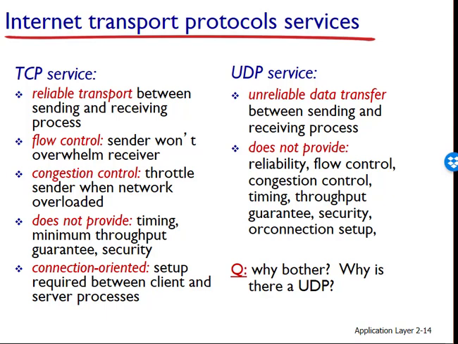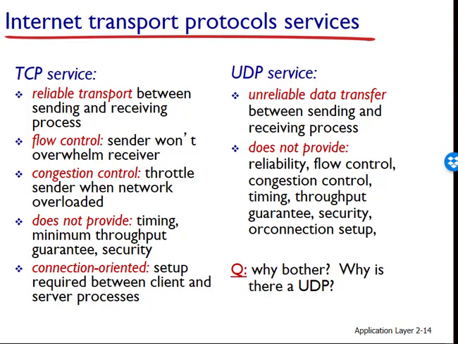When an application developer creates a new network application for the Internet, one of the first decisions that must be made is whether to use UDP or TCP. Each of these protocols offers a different set of services to the invoking applications.